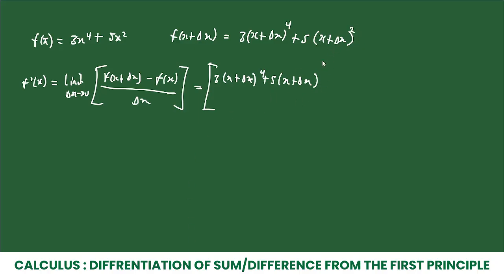So 2, right? And 2 minus 3x to the power 4 minus 5 s squared. So all divided by changing x, right? So let's expand this using the binomial theorem.